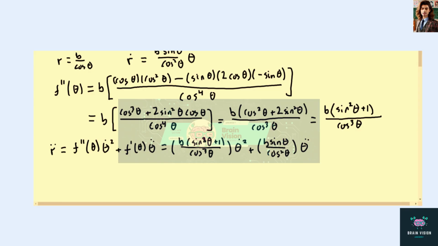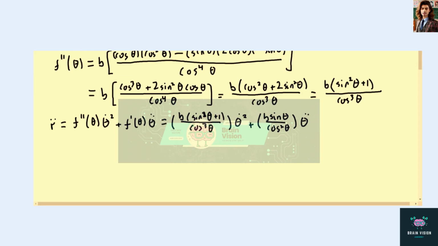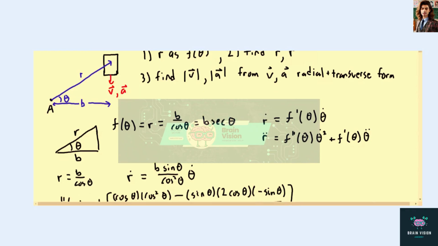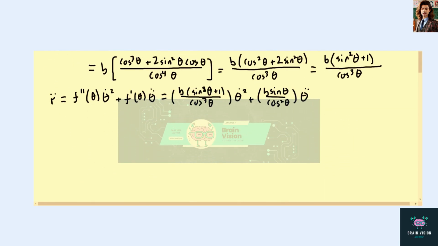Okay, so now we've got our expressions for r dot and r double dot. And now we're ready to move on to our part 3, which is finding the magnitude of velocity and magnitude of acceleration from our formulas for radial and transverse. Radial, and so we'll have an r and a theta. So we'll be working in polar here.